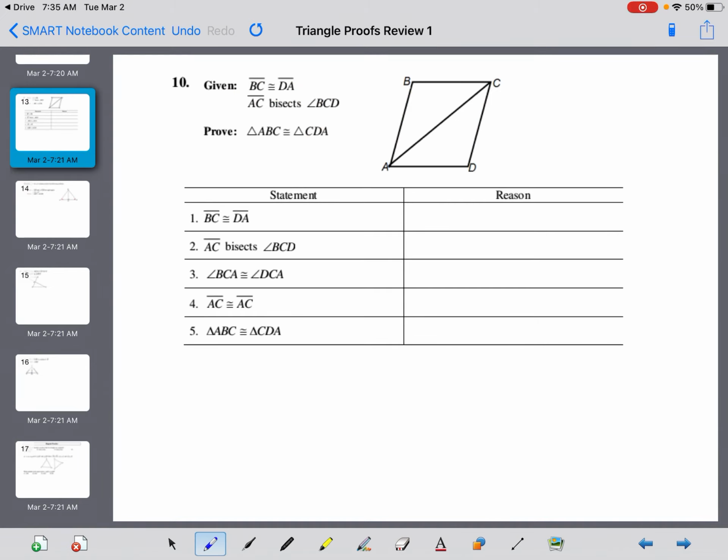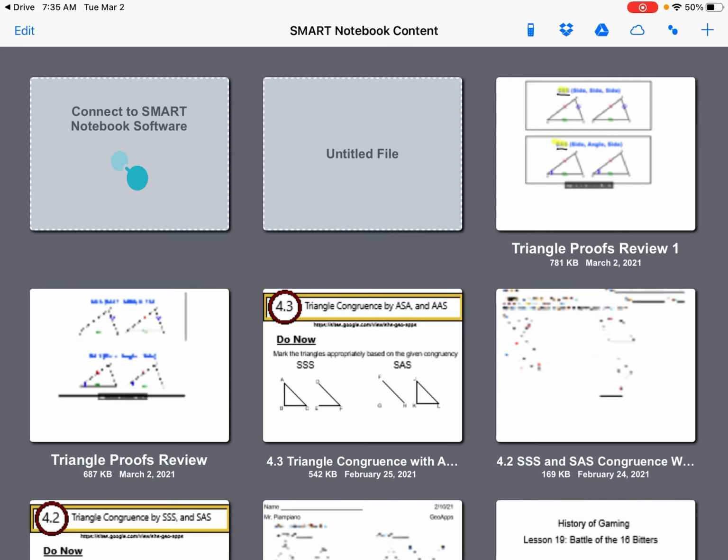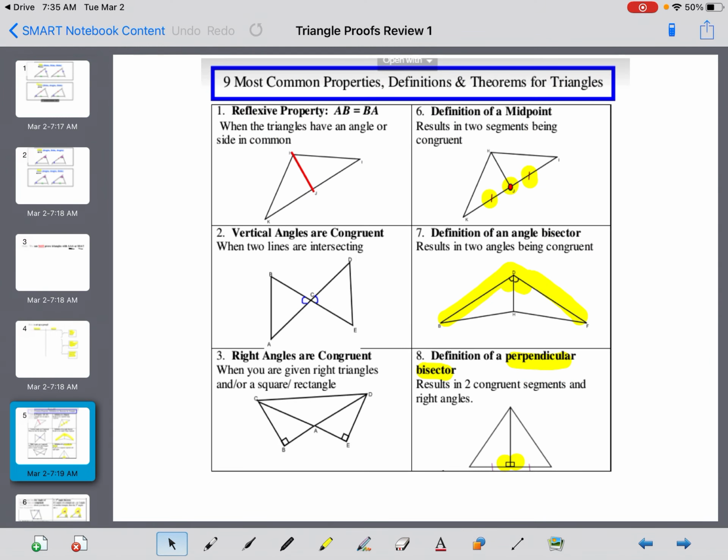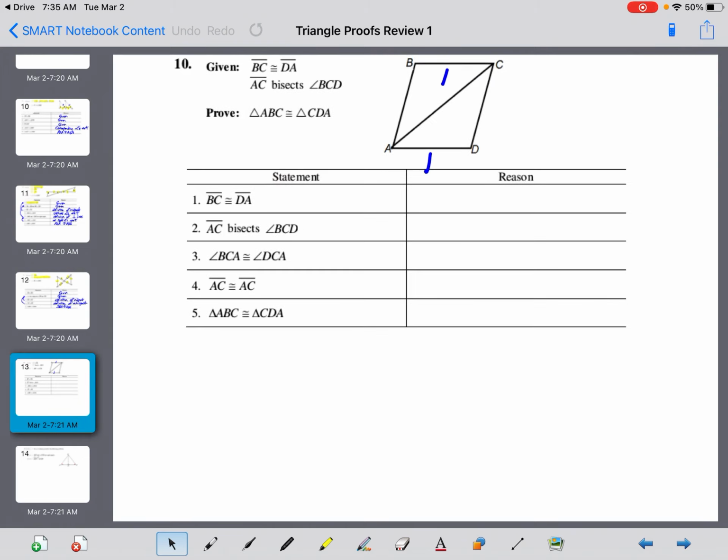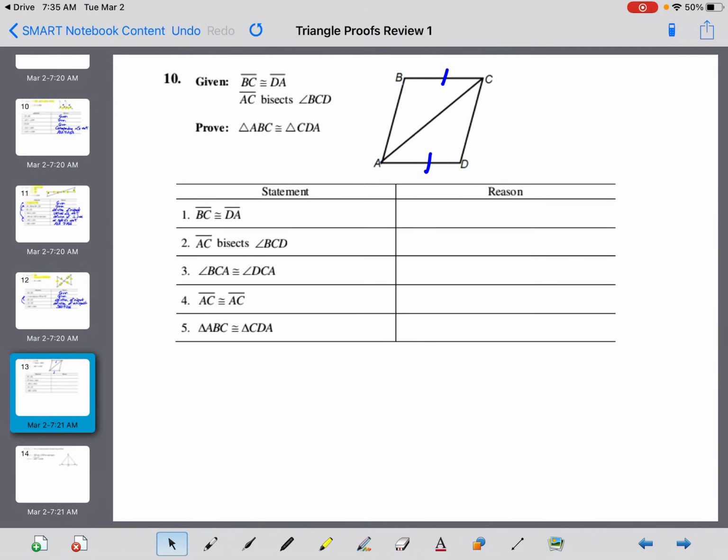Number 10, we have BC being congruent to DA. And that was a given. Then we have AC bisecting BCD, also a given. So since it bisects, we could say that angle BCA is congruent to angle DCA.